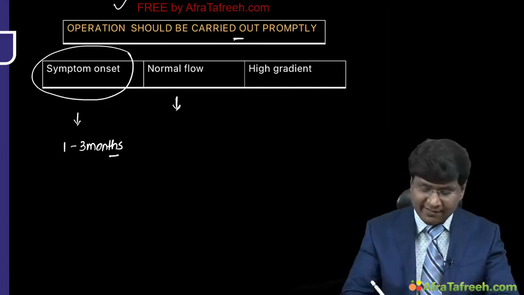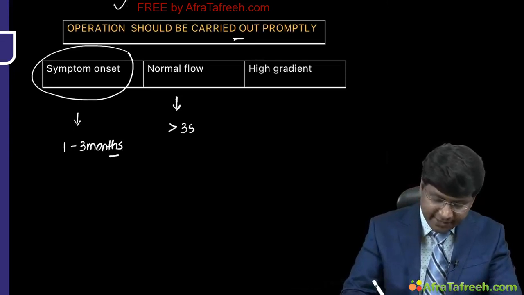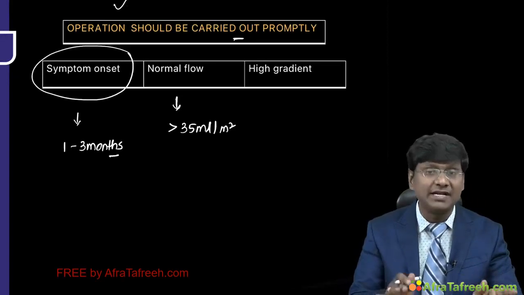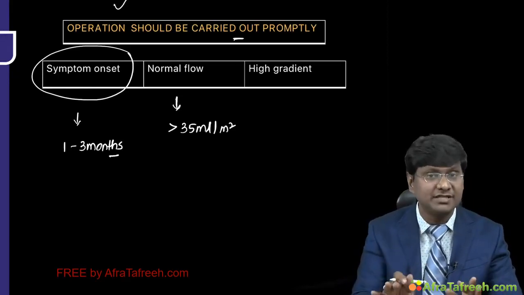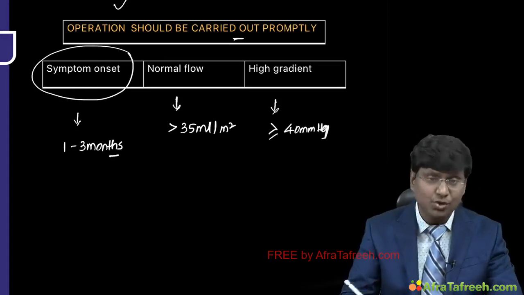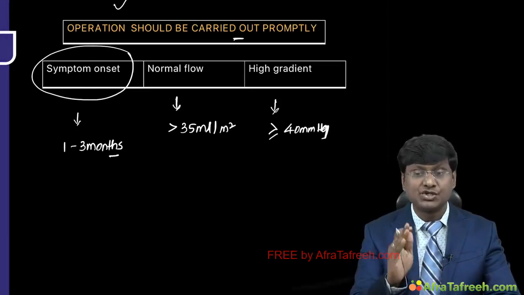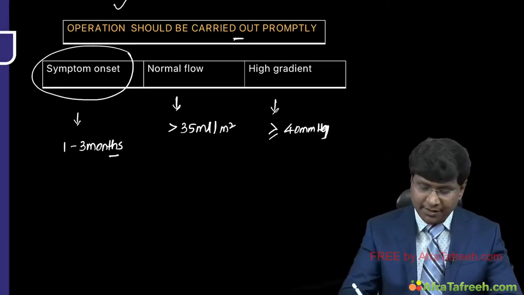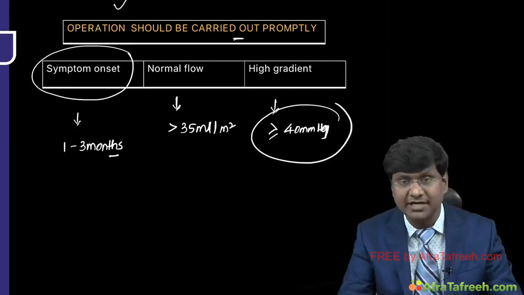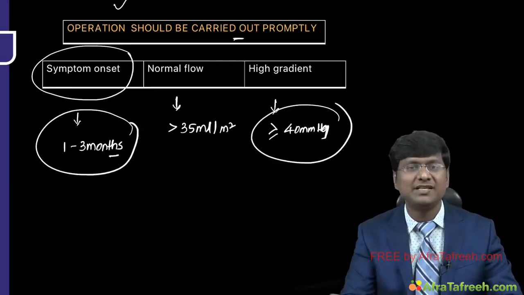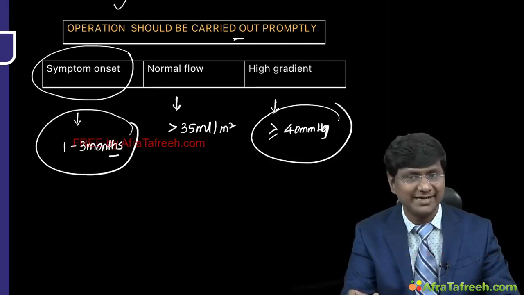The required flow is more than 35 ml per meter square. And what is the required gradient to go ahead with the surgery? The gradient should be more than or equal to 40 millimeters of mercury. So these are straightforward clinical decision making parameters. Gradient more than 40, right? Symptom onset, go ahead with the surgery within 1 to 3 months, right?